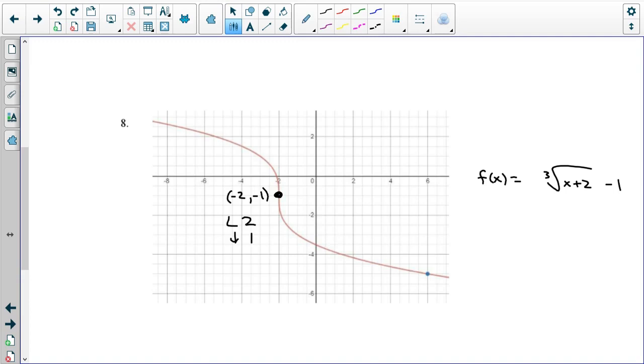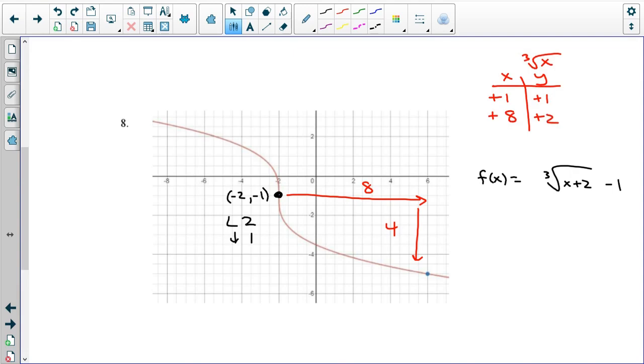It looks like I went to the right 8, down 4. Normally on a cube root function, if I'm cube rooting x, if I go over 1, I go up 1, and if I go over 8, I'm going up 2.